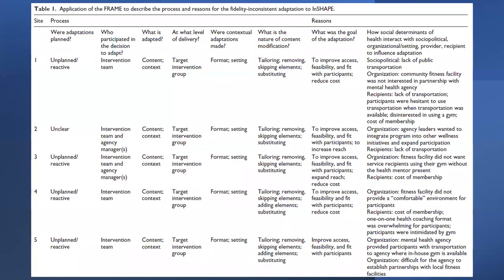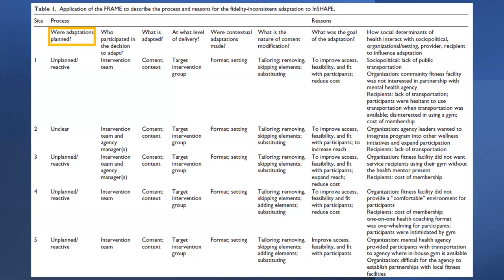And so you look at this table where they mapped out the adaptations that were made. You can see the FRAME categories, including an additional one on social determinants of health, are the columns, and then the answers from each site are listed in each row. So they evaluated and reported 8 aspects of the adaptations to InShape.